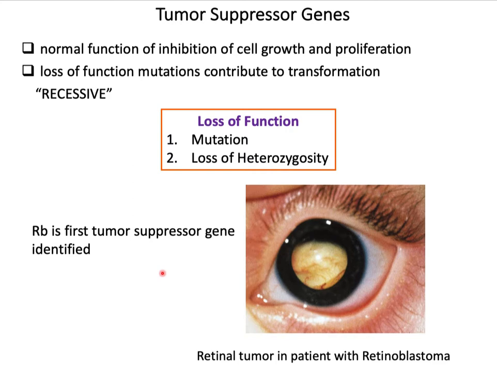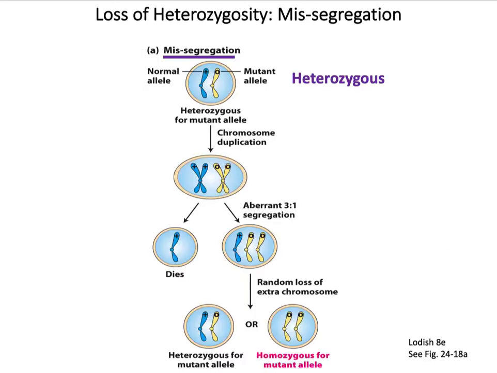We discussed this when we were looking into the cell cycle, and this gene was actually the first tumor suppressor gene that was identified, and when it's mutated, it contributes to neoplastic transformation of cells in the retina, hence the name retinoblastoma. So one way to lose function is to have a simple mutation that knocks out function.